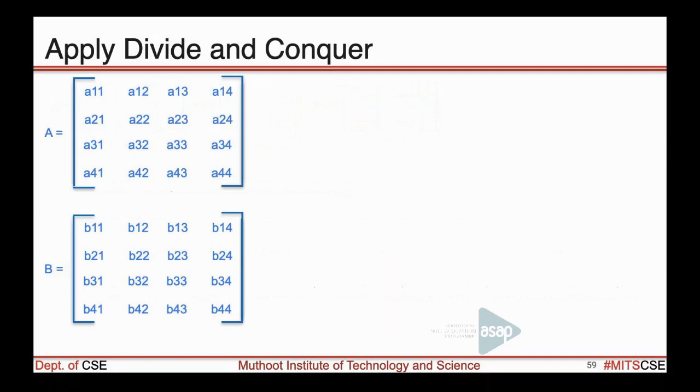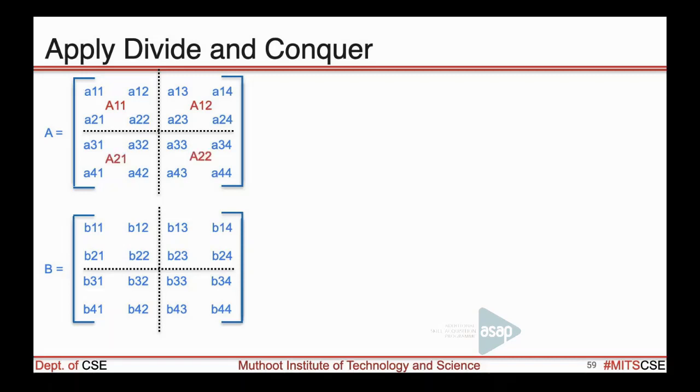Consider A and B as two matrices, each a 4 by 4 matrix. The first thing we need to do is divide the bigger problem into smaller problems. In the case of matrix multiplication, that means matrices of order 2 by 2. So I am splitting both matrices into 4 different parts, A11, A12, A21 and A22.